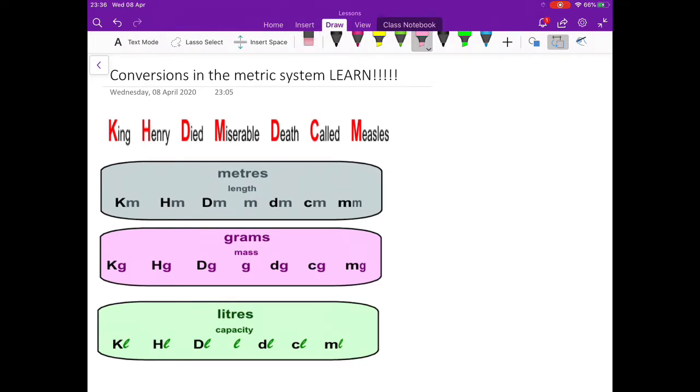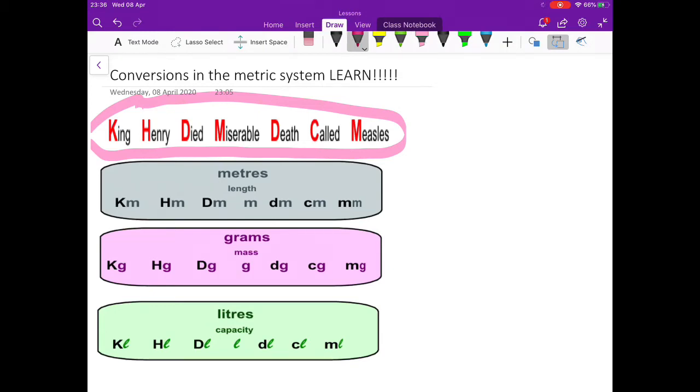The first thing that you have to know is this little acronym here: King Henry died a miserable disease called measles. Whenever we do conversions, we always say King Henry died a miserable death called measles.